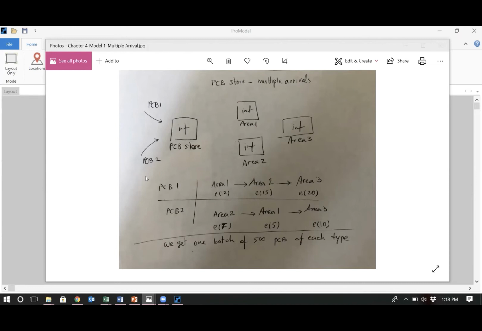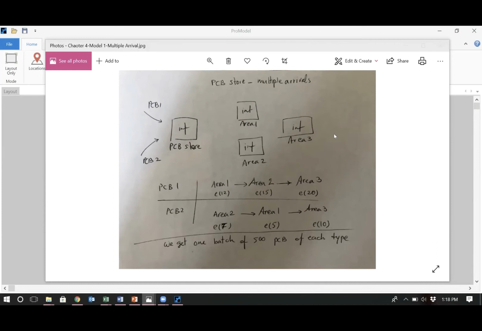They come separately, and also pay attention that if you remember in the previous model that we did last week, we had multiple entities, we had 4 entities actually in our simulation model. However, only one of them came from outside. And because of that, we had 1 arrival. The rest of the entities were created inside the system.